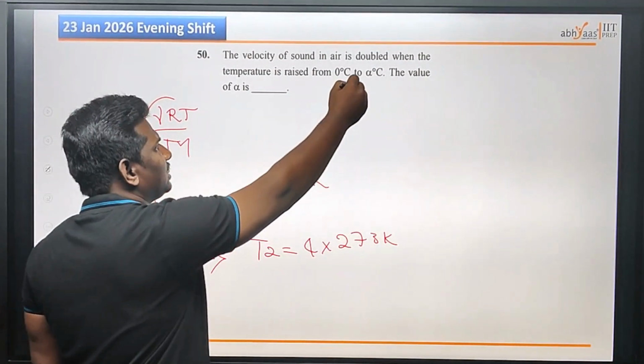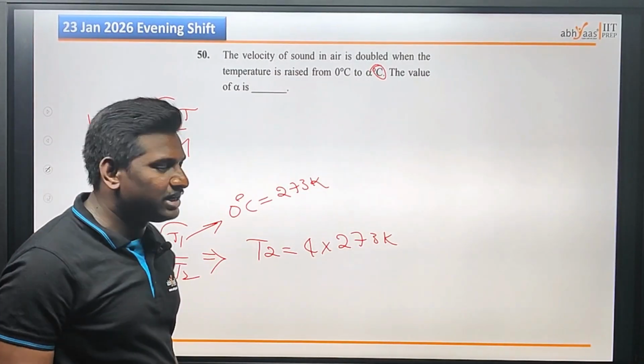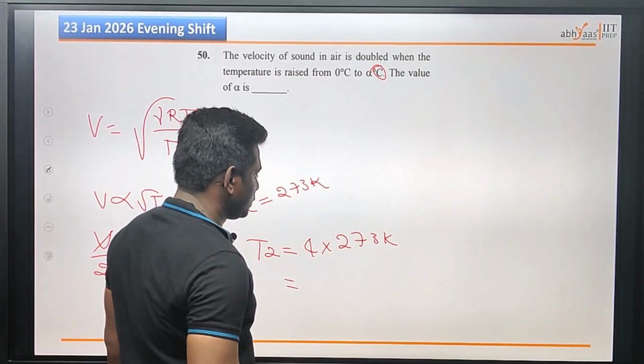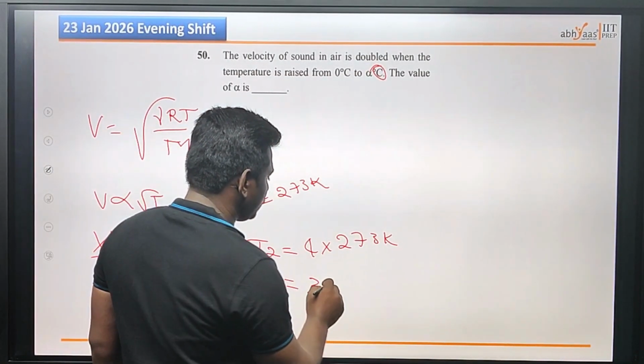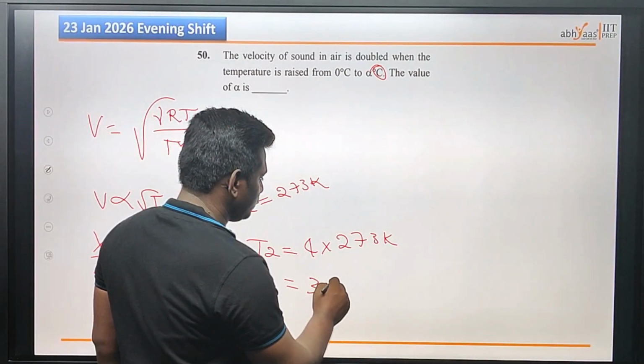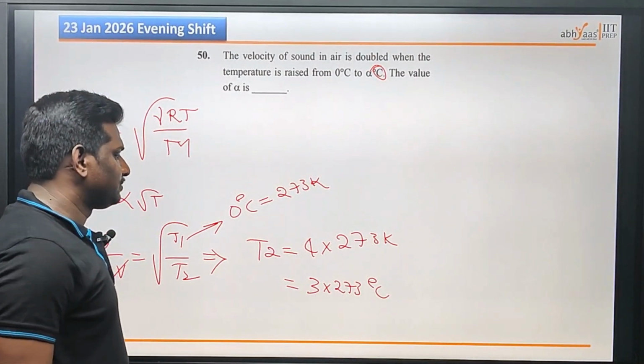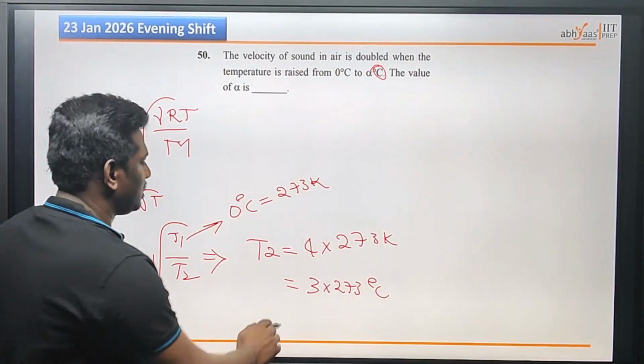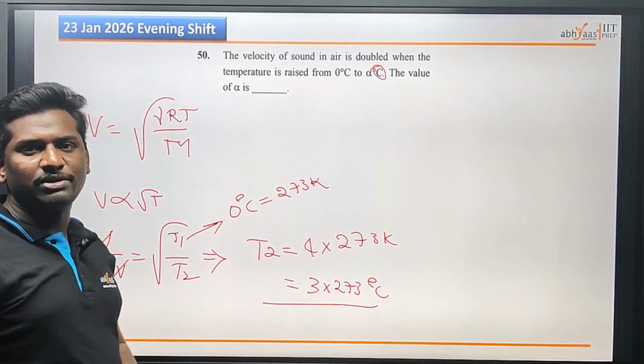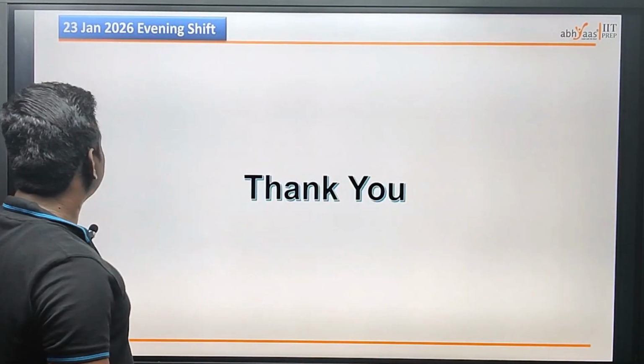So they are asking degree centigrade. So you have to write 3 times of 273 degree centigrade. So this is your answer, 3 times of 273 degree centigrade.